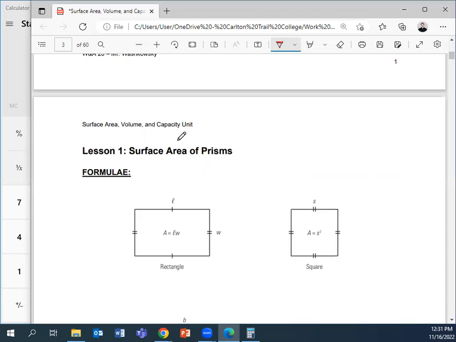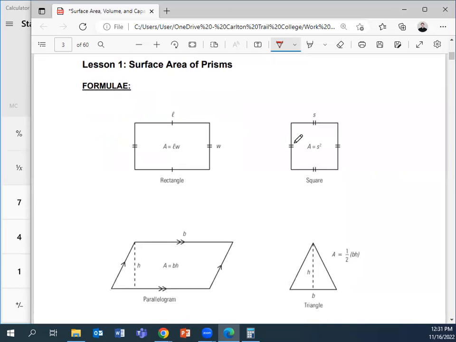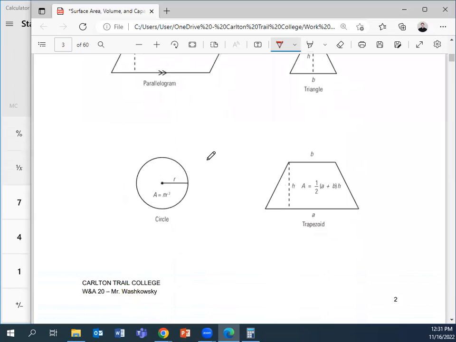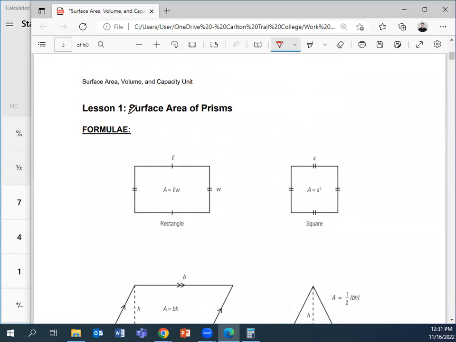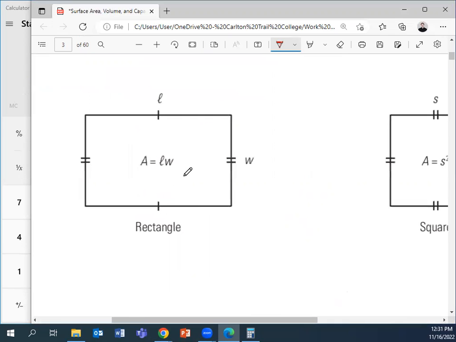This stuff shouldn't be new to you, but over here is a formula sheet. You'll get more of these later. This is a formula sheet to find the surface area of basic shapes, and we can use this to make some complex stuff later. I'm just zooming in here. If I go to this one, a rectangle, the area is length times width, right?